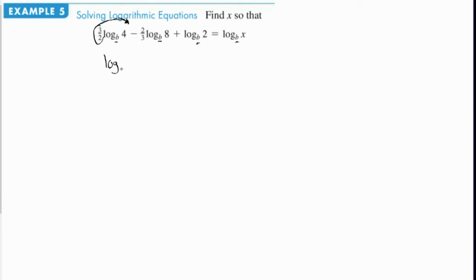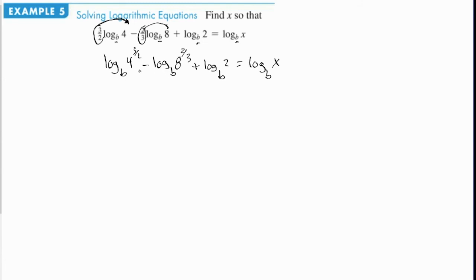Say I can write this as log base b of 4 to the 3/2 power minus, I'm going to take this and put it out in front of the exponent, log base b of 8 to the 2/3 power, and then plus log base b of 2 equals log base b of x.